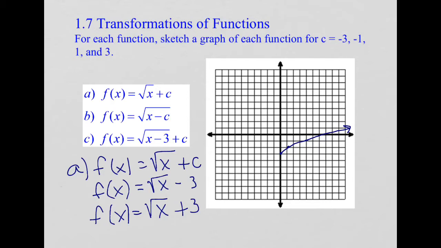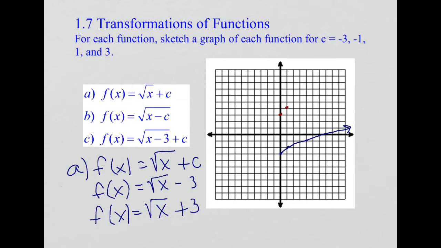Okay, this time I know I'm going up 3, 1, 2, 3, and there's my first point at 0, 3. I'm going to use the same x values as I did in the previous function. So I put in x is 1, and the square root of 1 is 1, plus 3 is 4. So my second point is at 1, 4.